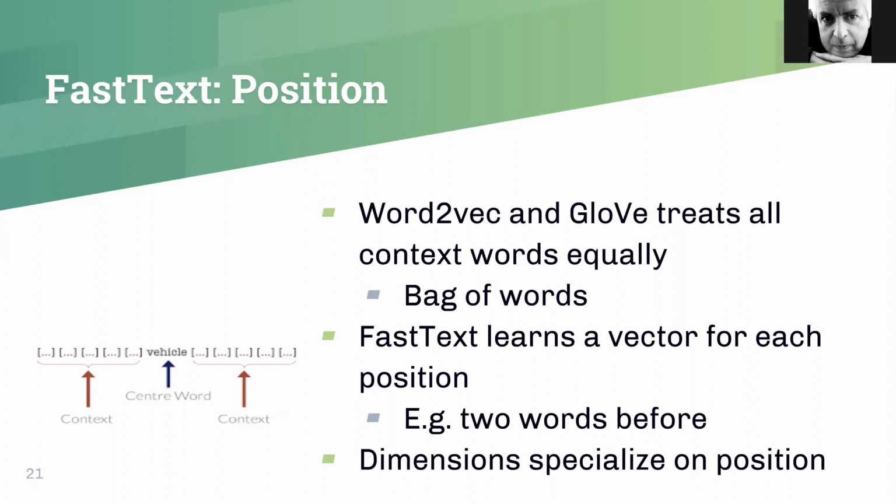So if the context is 10 words long, it would learn an additional 10 vectors. And when we compare the context to a focal word, instead of just averaging the vectors for all the context words, we first multiply each of them pointwise by the vector associated with the position it occupies in the context. Hence, some dimensions of the embedding space may have more effect in one context position than in others.